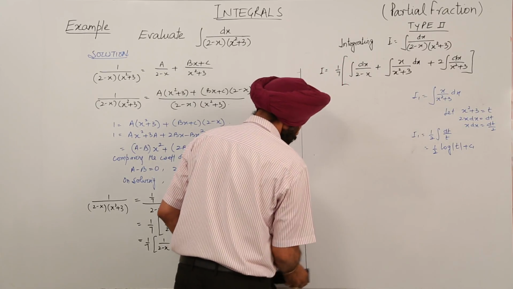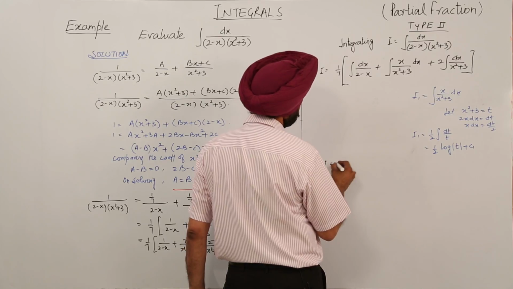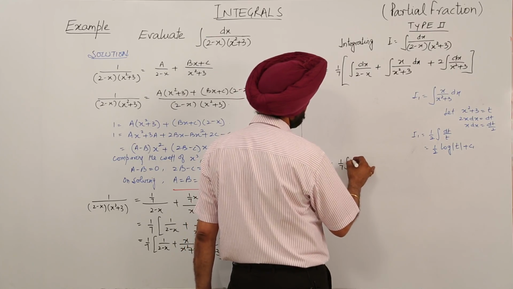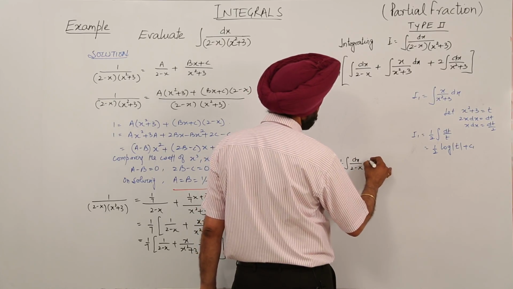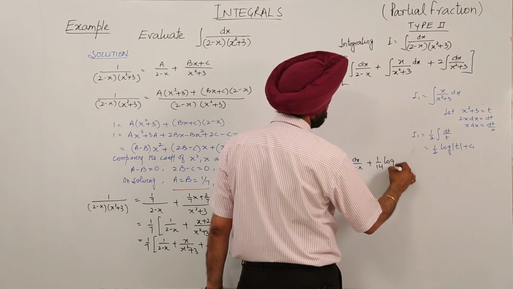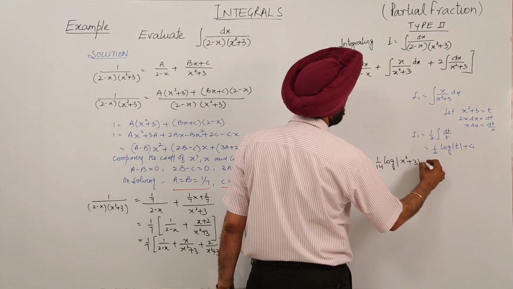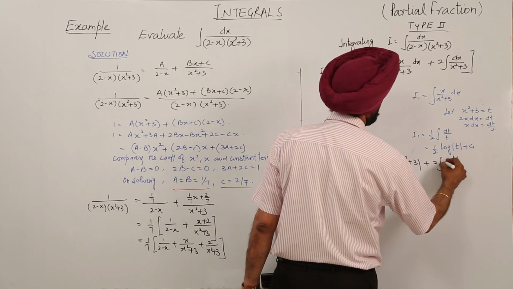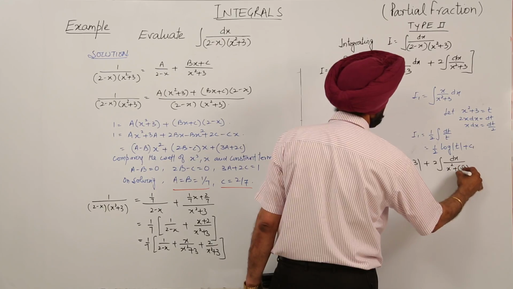Okay, so now integration of 1 upon 7 integration of dx upon 2 minus x plus 1 upon 14 log mod of x square plus 3 plus 2 integration of dx upon x square plus root 3 whole square.